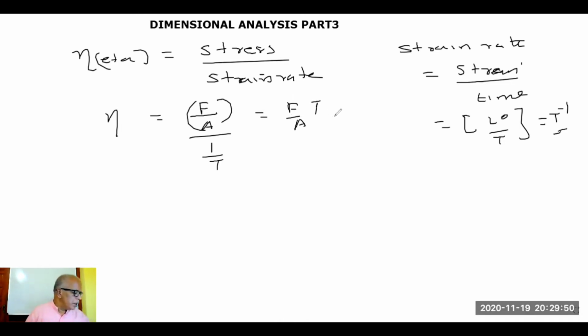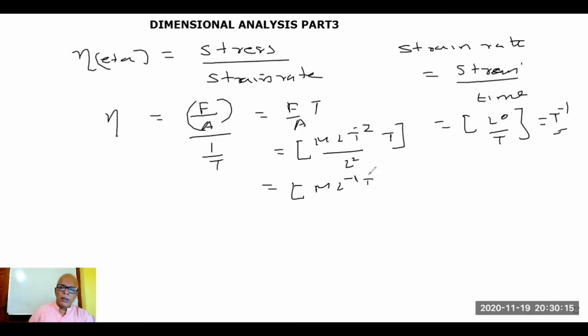Dimension will be M L T minus 2 divided by L square into T. So its dimension will be M L minus 1 T minus 1. Dimension of eta, remember it: M L minus 1 T minus 1.